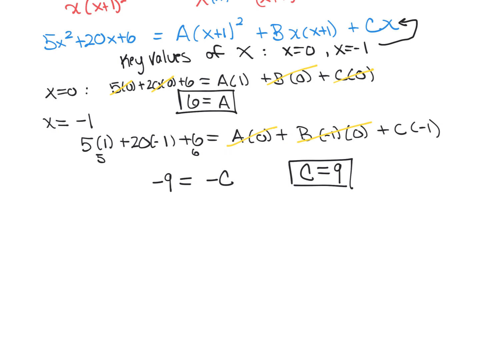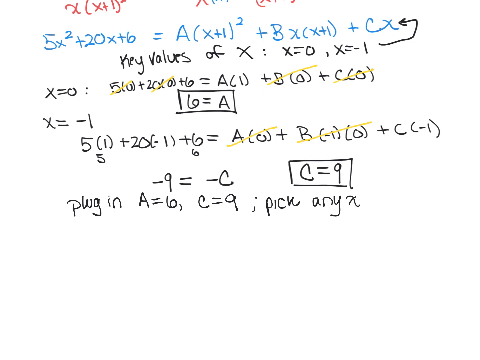So I'm going to go back up here and plug in a equals 6, c equals 9, and then we're going to pick an x. Don't pick 0. I know x already equaled 0 once, but in general, plugging in 0 is not great.